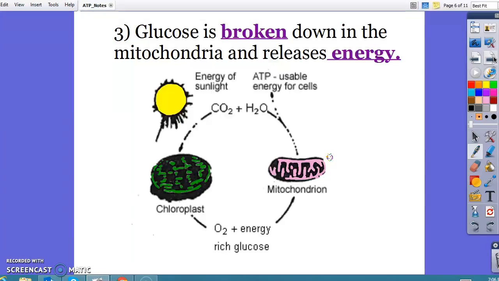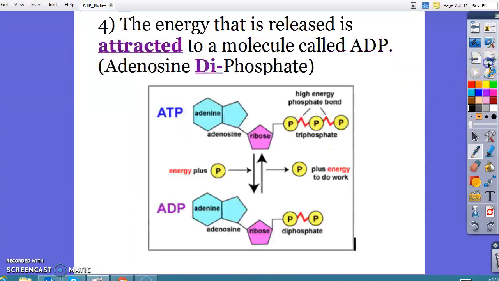At that point, glucose will either go into the mitochondria or, depending upon what type of organism it is, will start fermentation. When glucose goes into the mitochondria, that's where we produce a whole bunch of ATPs. So let's look at what ATPs are. Okay, so let's see what happens when this glucose is brought into the mitochondria.